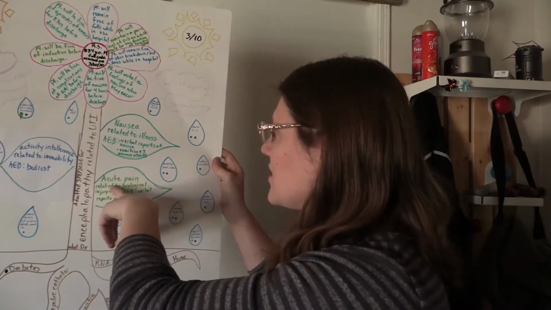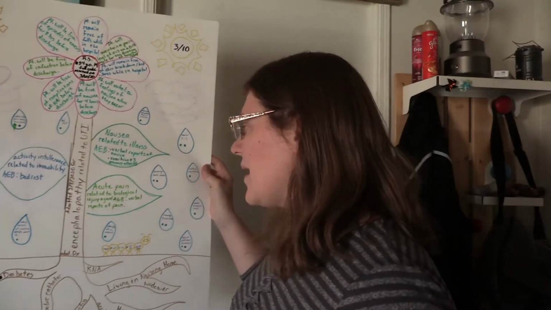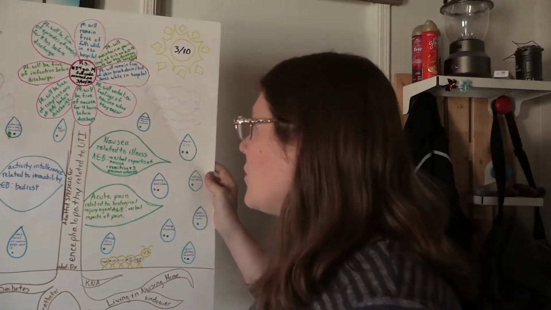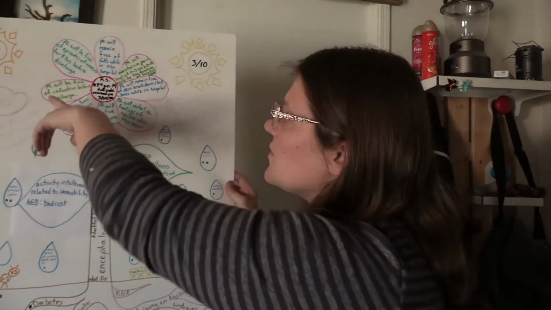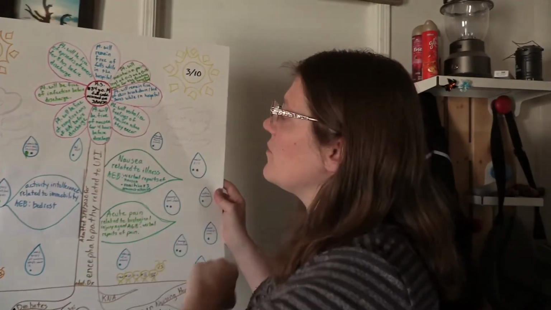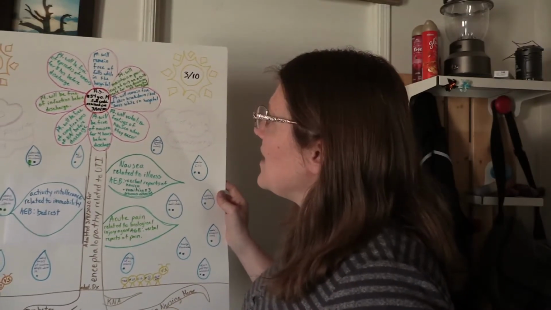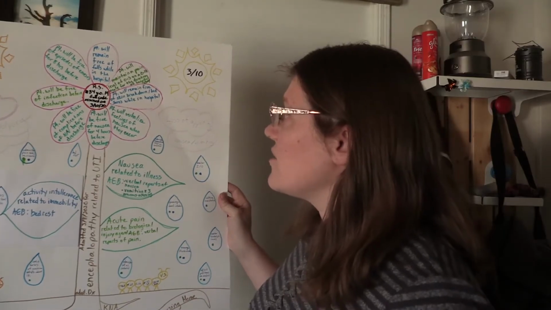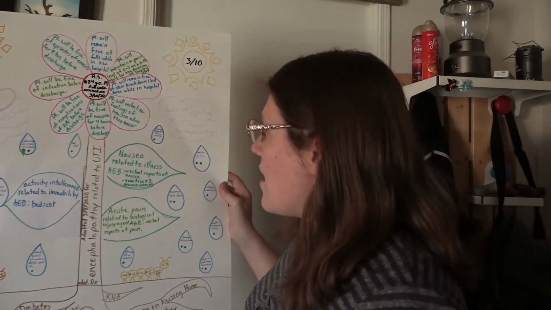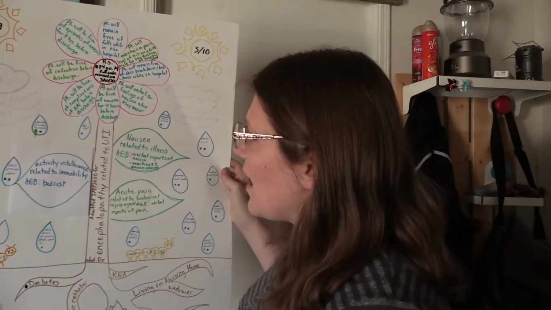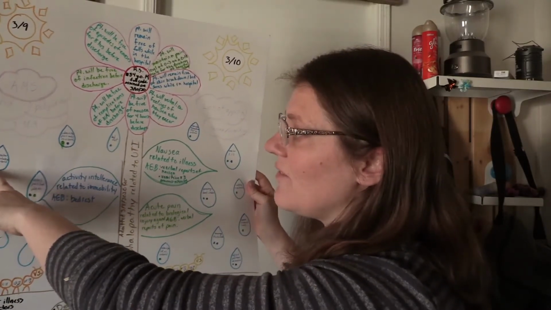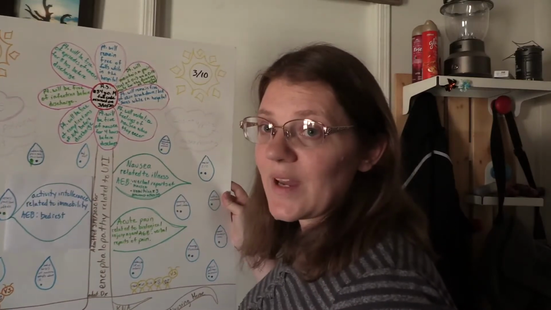The last nursing diagnosis is acute pain related to a biological injury agent, his infection, as evidenced by verbal reports of pain. My outcomes are that the patient will be free of infection before discharge, and will maintain a pain level of 0 to 3 on a 0 to 10 scale for the duration of the hospital stay. My interventions are: administer pain meds as ordered, and administer anti-infectives as ordered, because the pain is caused by the infection.